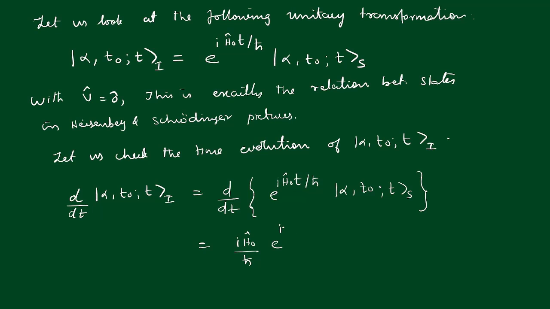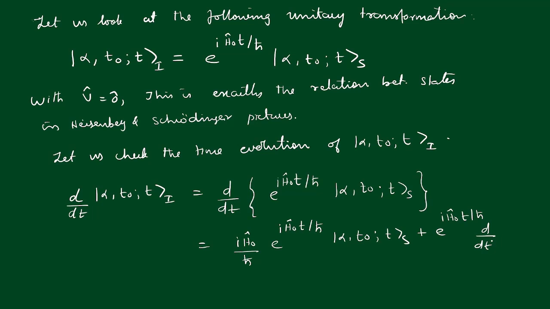What do we have here? It's e raised to i h0 t divided by h cross, first term derivative acting on the Schrodinger part. This is only the first part. You also have to use the product rule, so there's one more part to this. This is e raised to i h0 t divided by h cross, and then alpha, d by dt.